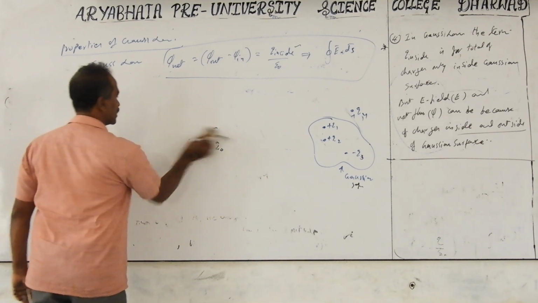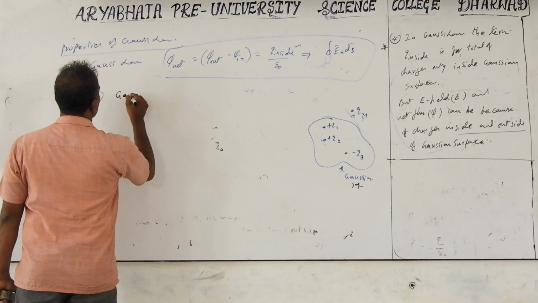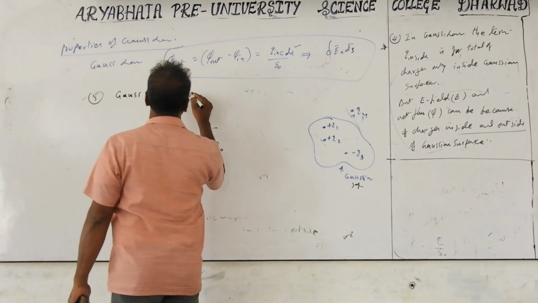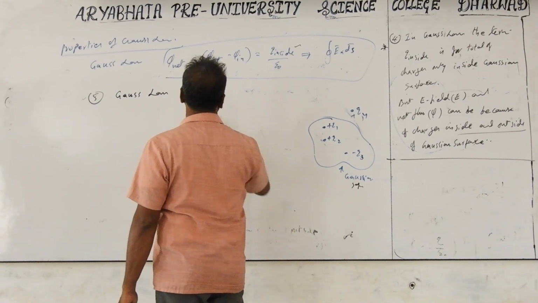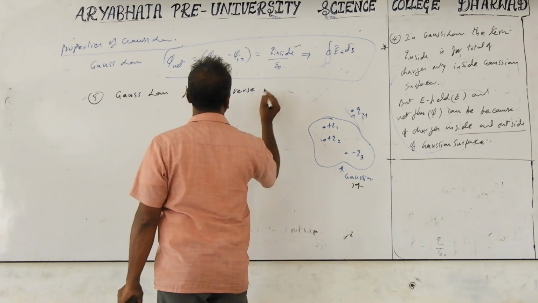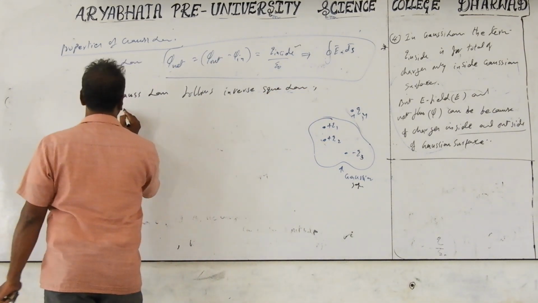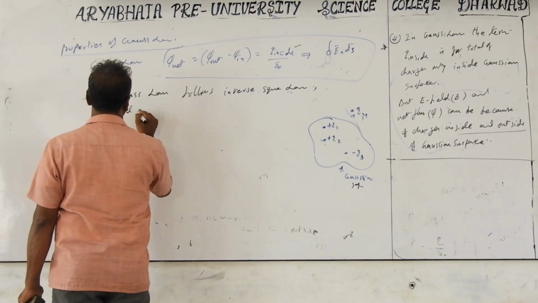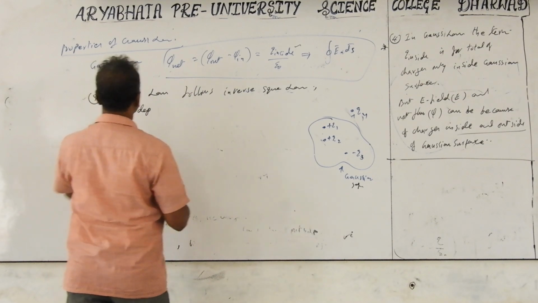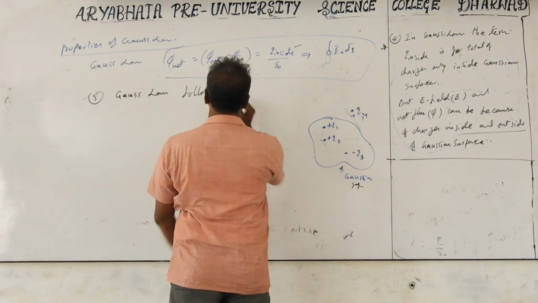That point is here. Gauss law follows the inverse square law and depends upon Coulomb's inverse square law.